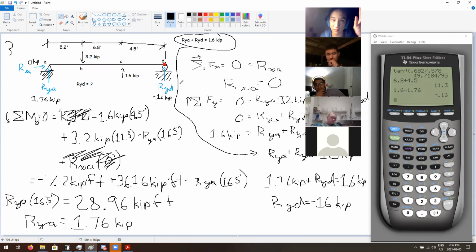I'm just going to draw it down here. This force of negative 0.16 kip is the same as this force with 0.16 kip.